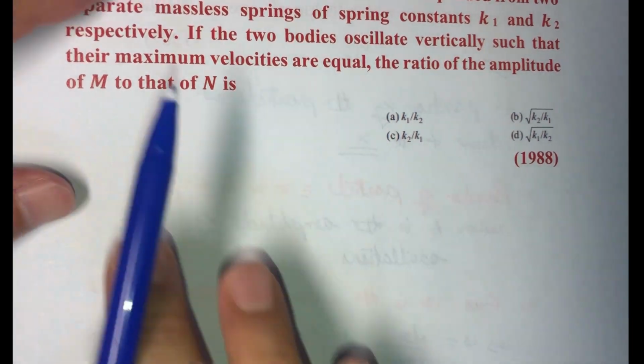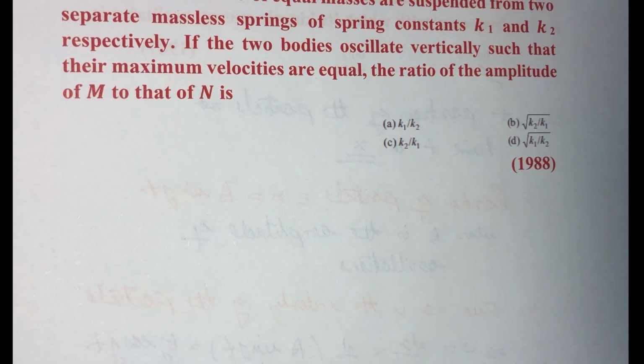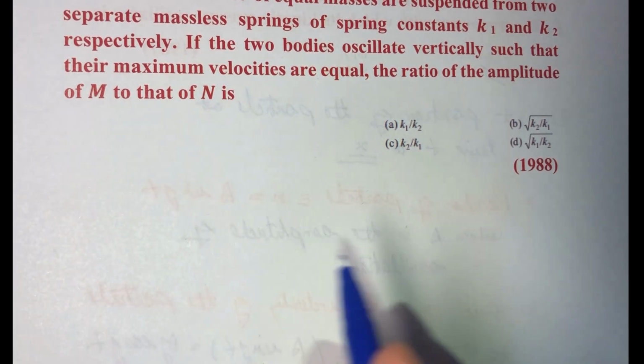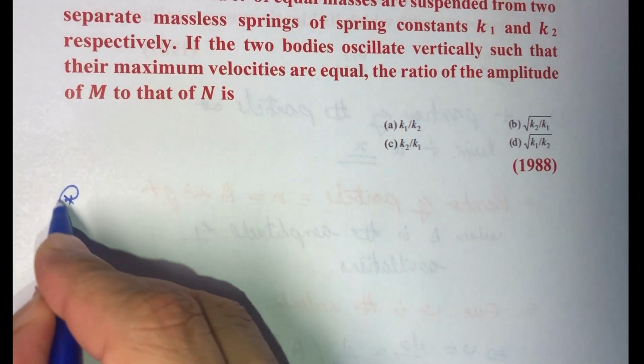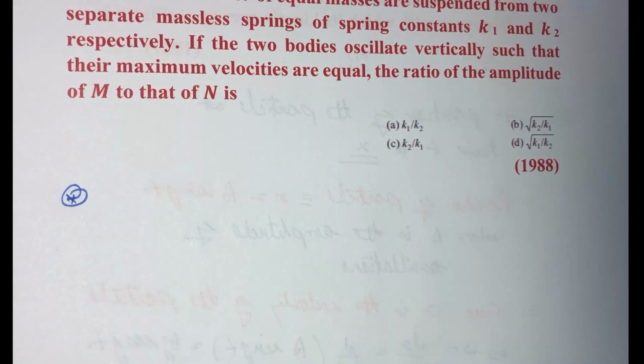and they oscillate with the maximum velocities. Okay, so we can write the equation for the frequency of oscillation, which is, let us suppose, omega.